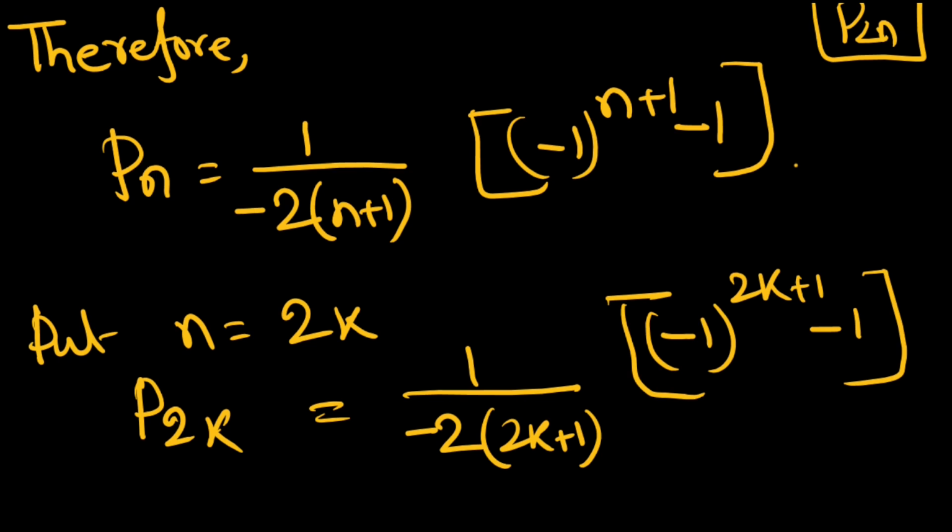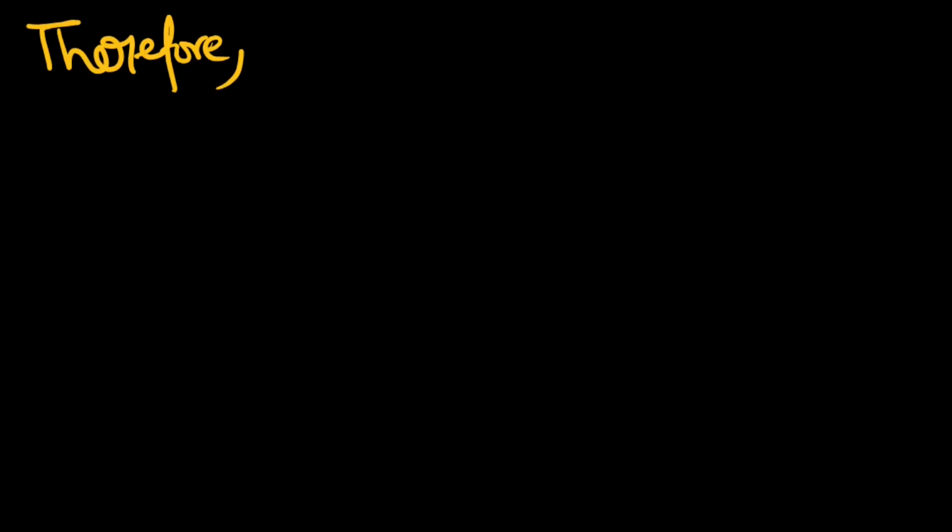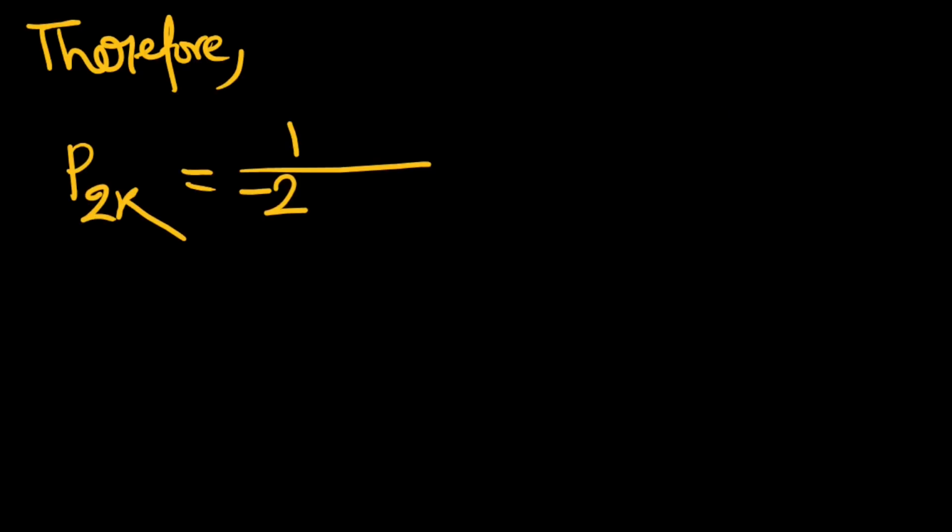So it is (-1)^(2k) into (-1) minus 1. This gives 1.